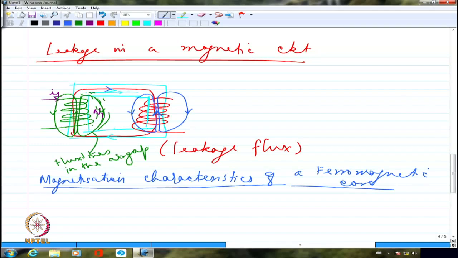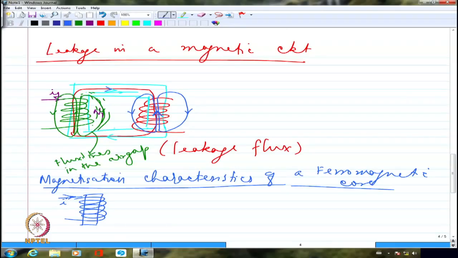Right? Let's say I am going to take a fresh sample of iron. And let us say it is just a piece of iron like this, and then I am going to wind some coil around here, and I am going to pass a current of I through this.